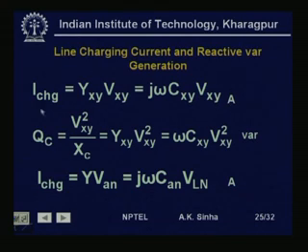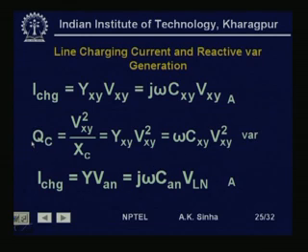So, once we have calculated the charging current, we can also find out how much volt ampere reactive is supplied by the charging capacitance of the transmission line. The capacitance of the transmission line will in fact be supplying reactive power to the system, and this will be given by QC, which is equal to Vxy square divided by Xc, or Yxy into Vxy square.